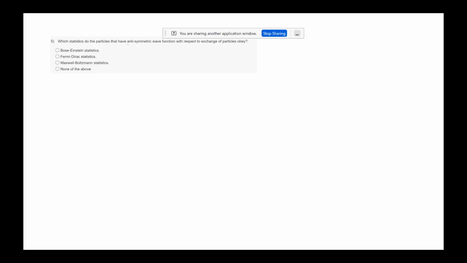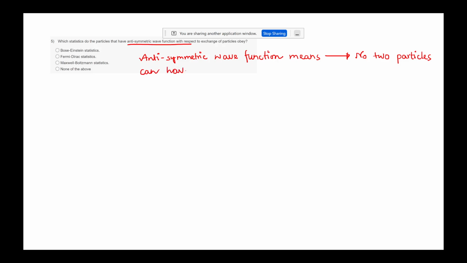So antisymmetric wave function means no two particles can have the same wave function.